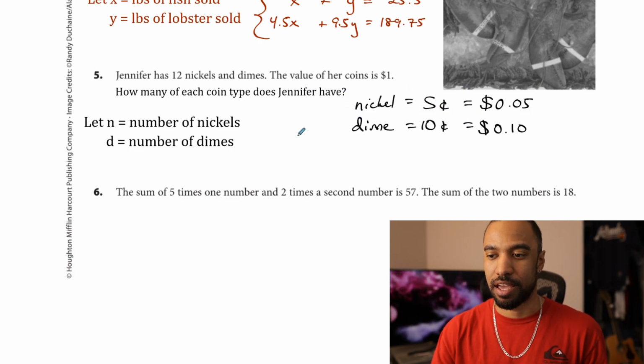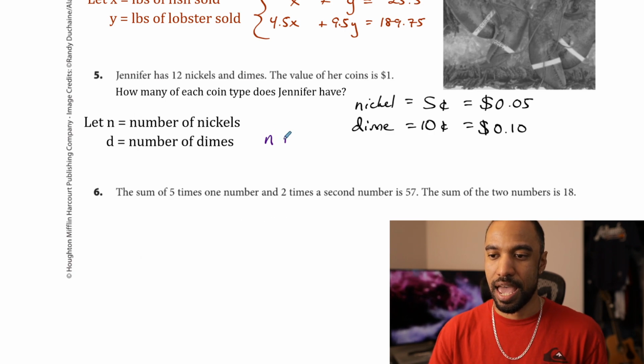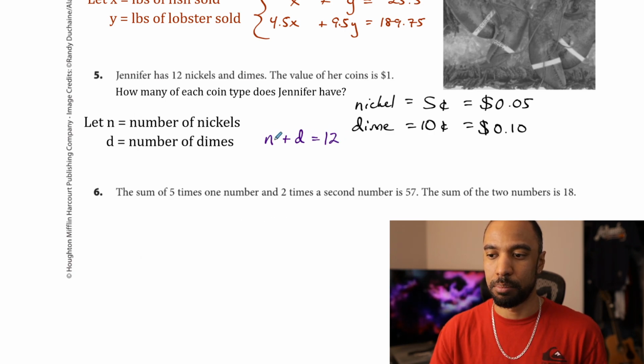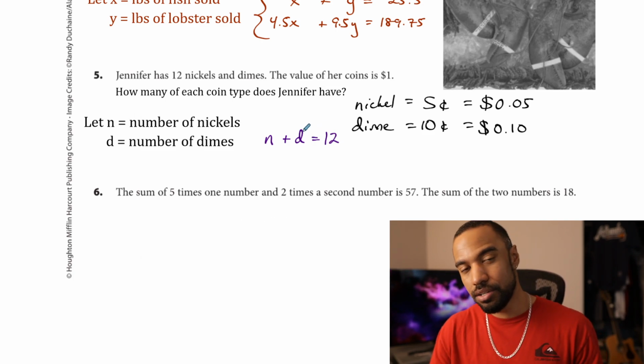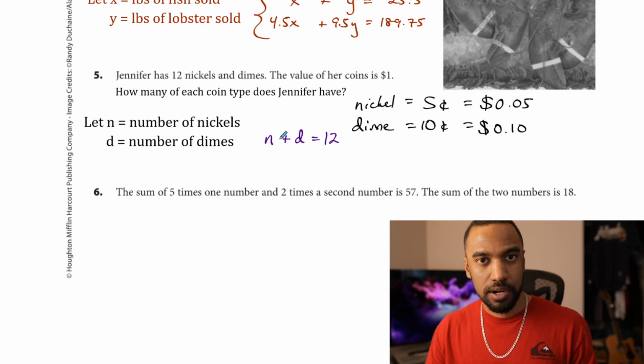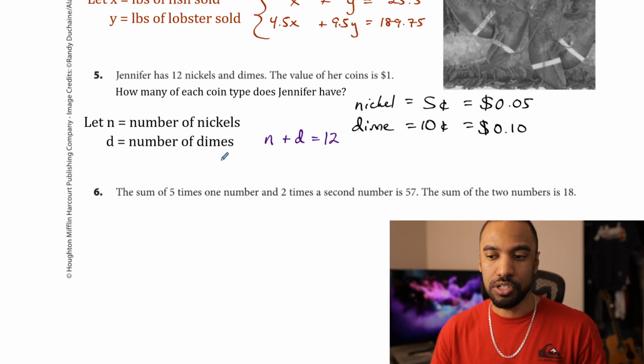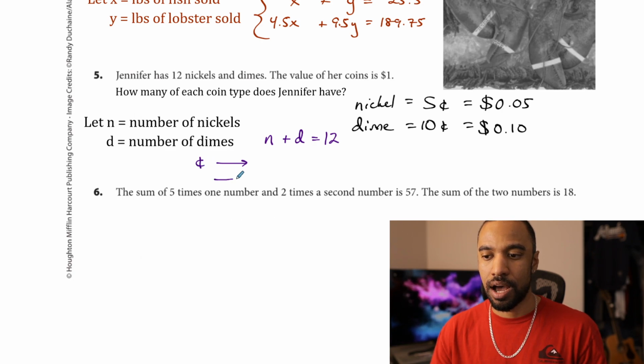Now, the information they provide for us to write equations would be N plus D equals 12. Number of nickels plus number of dimes is 12 coins total. And then here's the next part. The next part's a money-based thing, but would you rather do a cents-based equation or dollars-based equation? It's up to you, but keep this in mind.